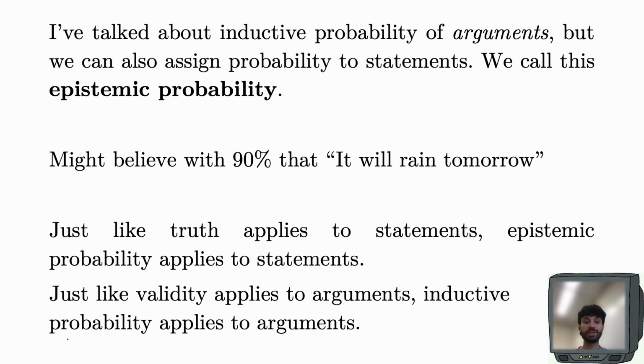And just like validity applies to arguments, inductive probability applies to arguments. So what we're going to try to do in this class is to find the relationship between the epistemic probability of the statements and the inductive probability of the argument, just like deductive logic looks at the relationship between the truth of the statements and the validity of the argument.